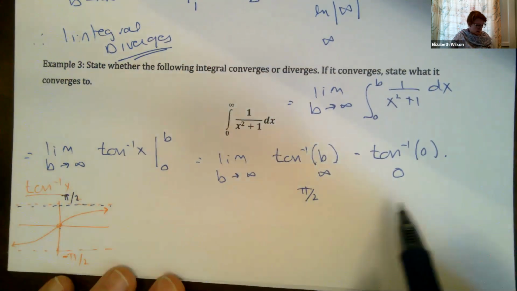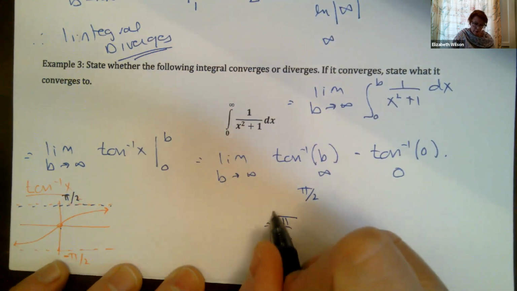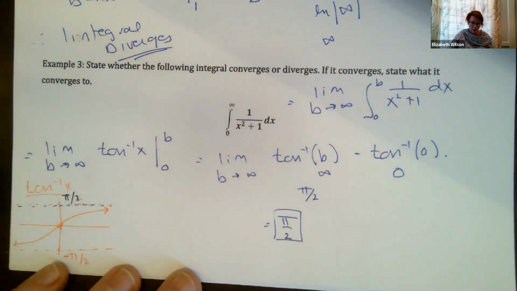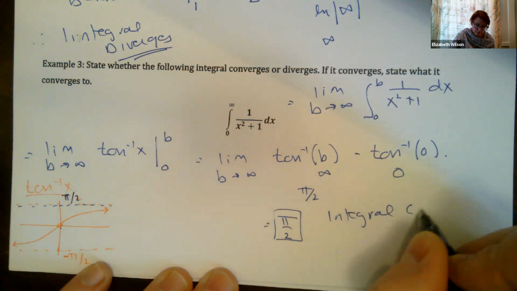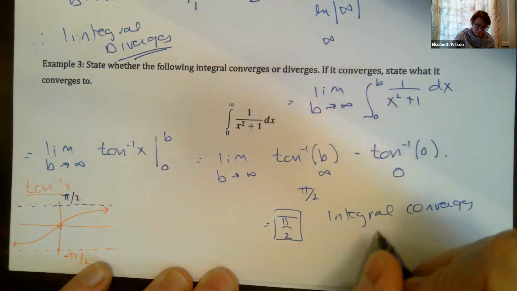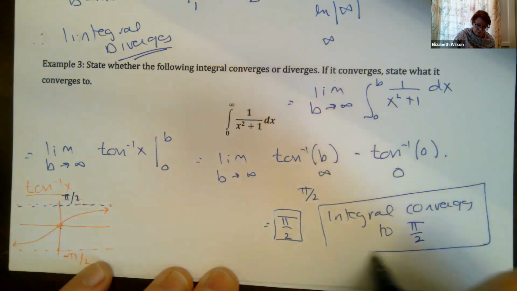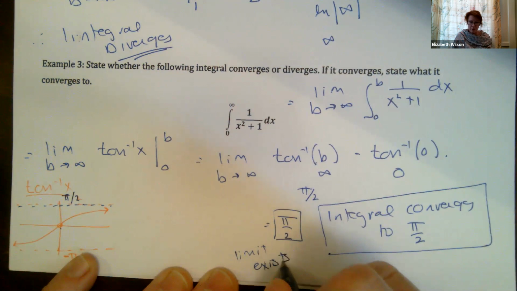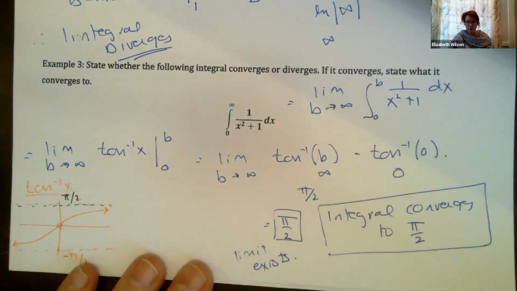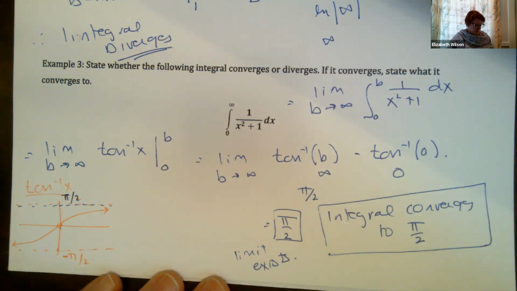So pi over 2 minus 0 is equal to pi over 2. My limit is a real number, which means that my integral converges. The integral converges to pi over 2. Limit exists, integral converges to what our limit is equal to.